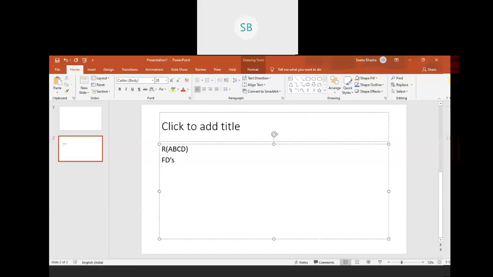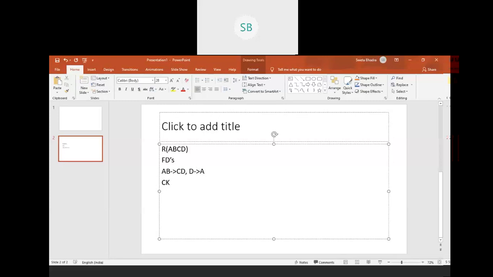These are the common type of questions you can find. So we have two functional dependencies: AB determines CD and D determines A. Now we have to find the candidate key.